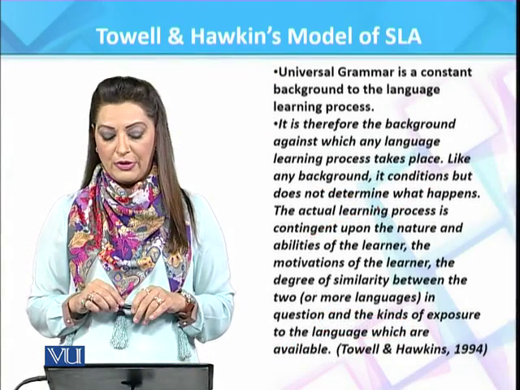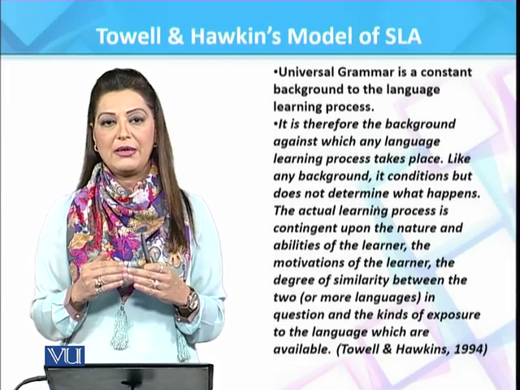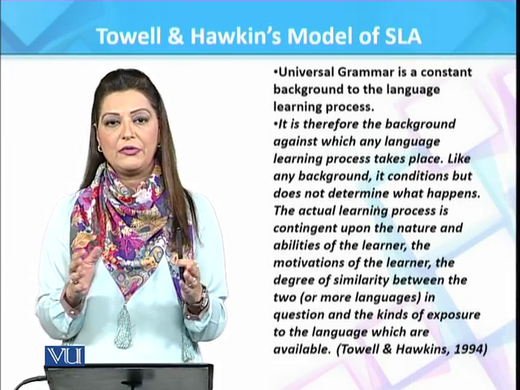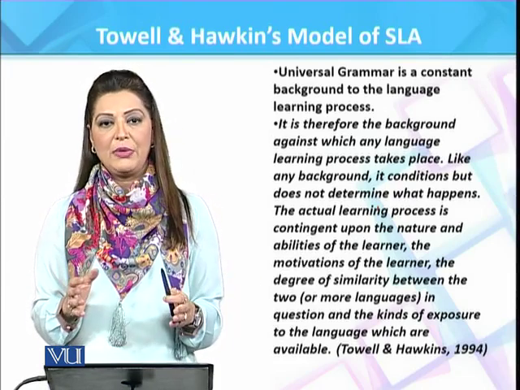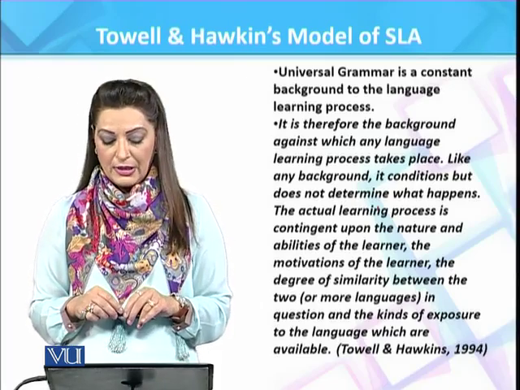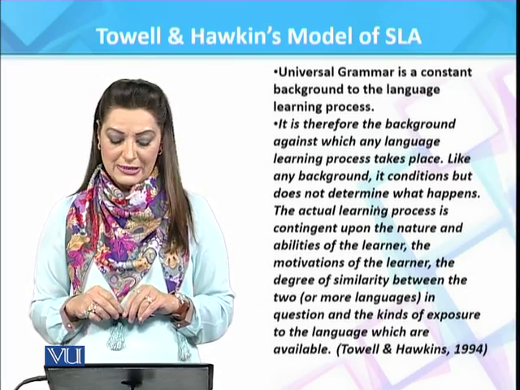Now in the model you have seen three things: universal grammar providing all the relevant information, and then that information moving into declarative memory and procedural memory. So it is the universal grammar which is a constant background to the language learning process.